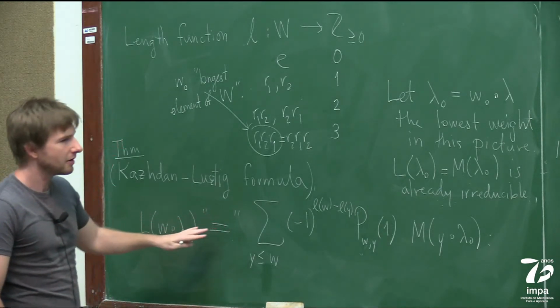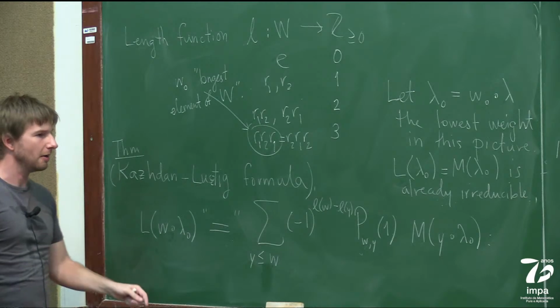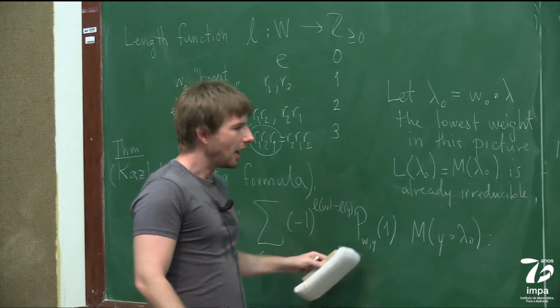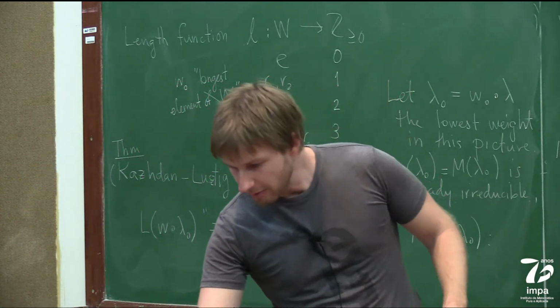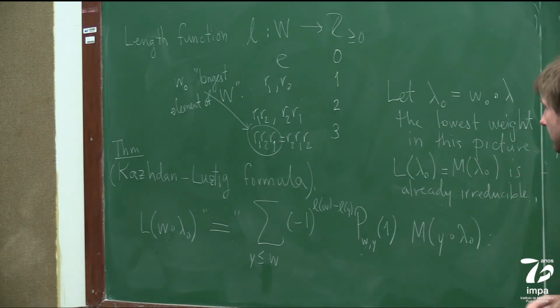Now, what do I mean here? Obviously, it's not an equality. It wouldn't make any sense. But what I really mean to say is that you can associate to each module a sort of graded dimension called the character.